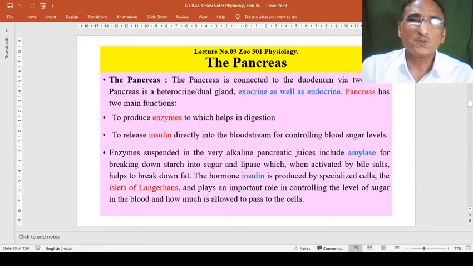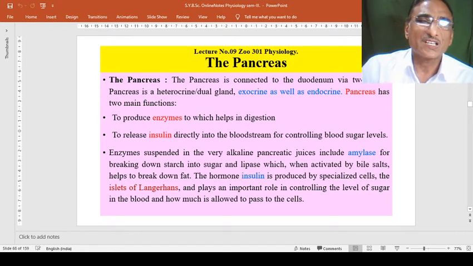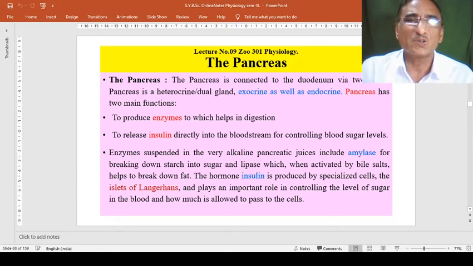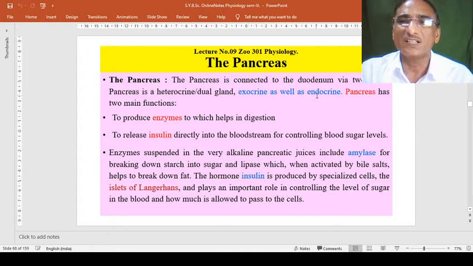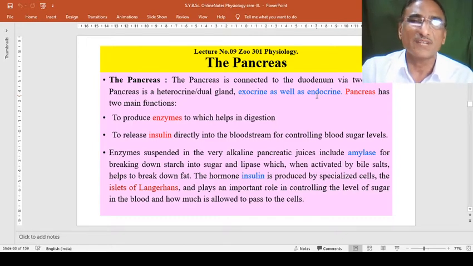These are the two ways by which the pancreas controls metabolism. Therefore, it is also called a heterocrine or dual gland. If it secretes by duct, it is exocrine. If it secretes directly, it is endocrine. So both types of glands are there.